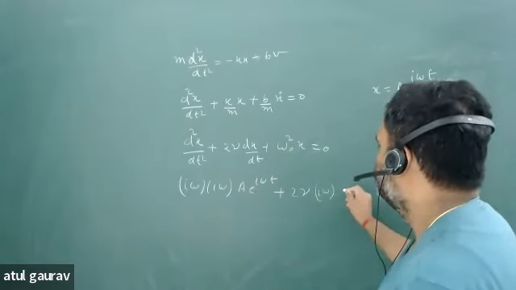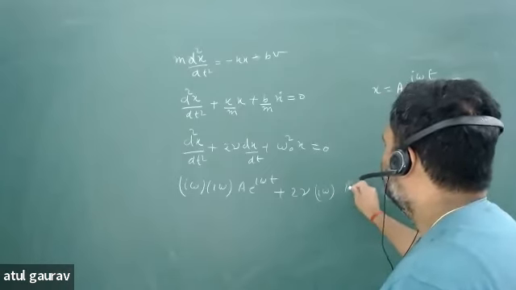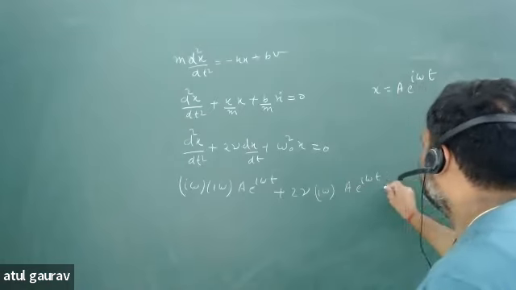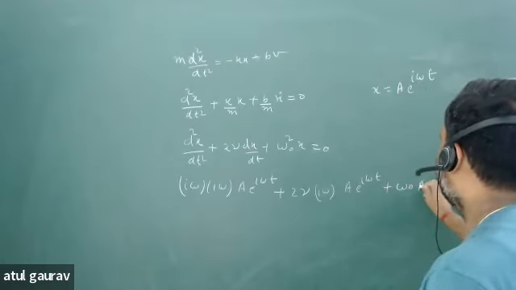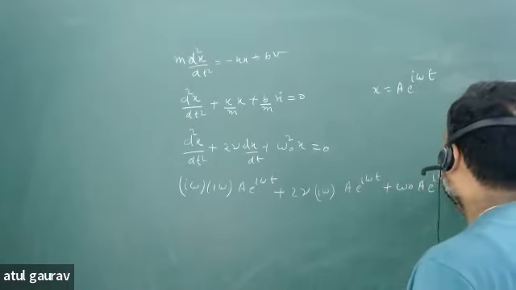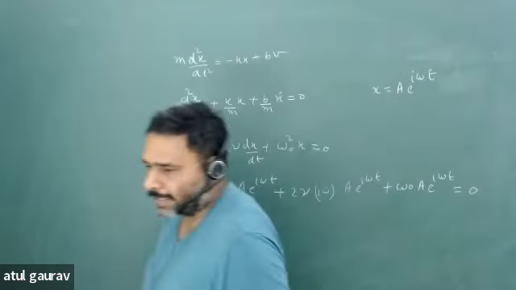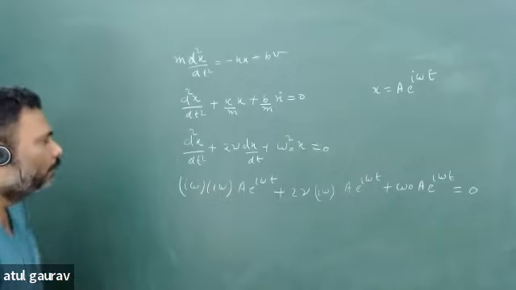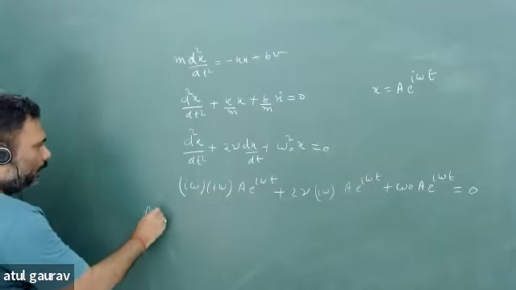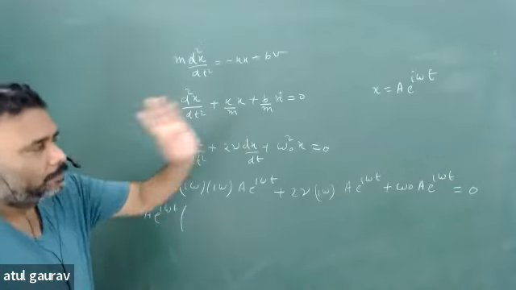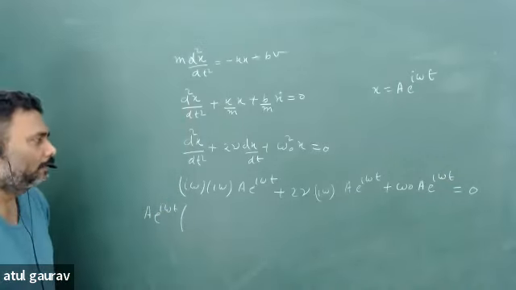i omega a e to the power i omega t plus omega naught square a e to the power i omega t is equal to 0. So I can take a e to the power i omega t common. This is the beauty of this particular function.